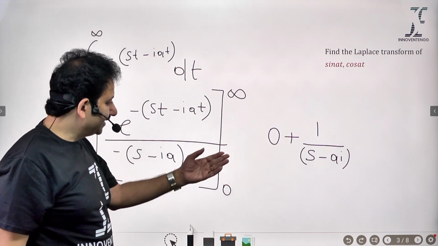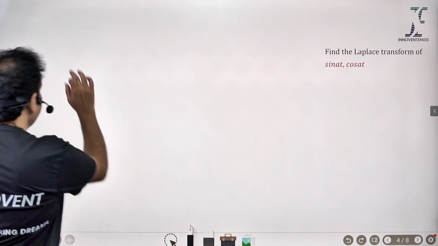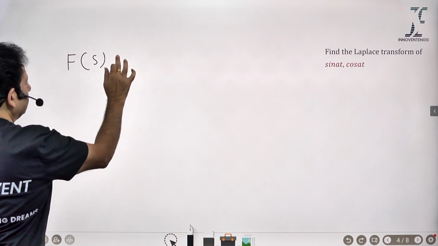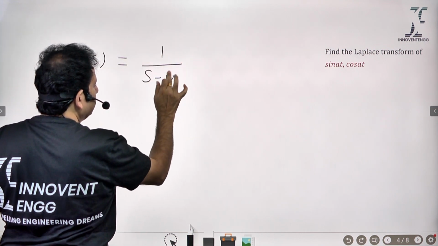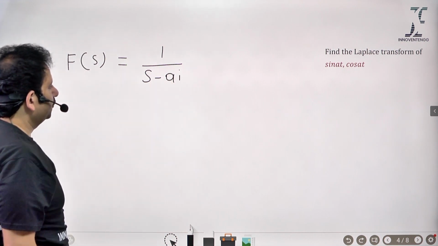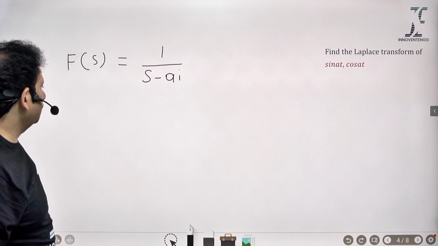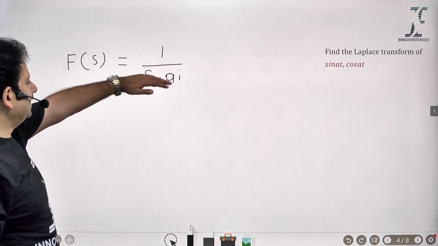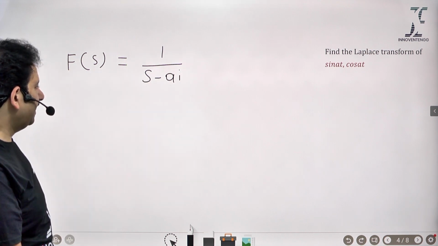So therefore this can be taken further. Now we have got the Laplace transform. So what is my F of s? F of s turns out to be 1 by s minus ai, right? So this is what I have got. Now I have to simplify this because this is in complex form. I have to rationalize it because I cannot have any complex number in the denominator. Why exactly am I doing that?